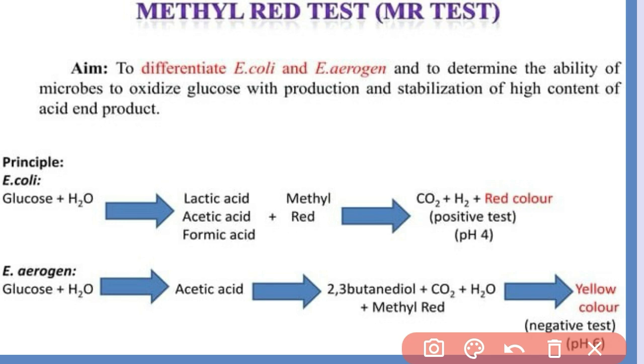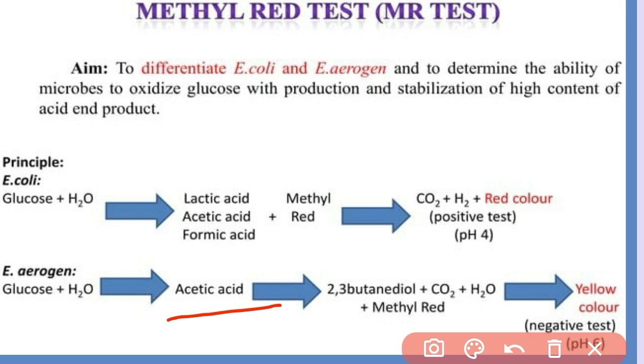Escherichia coli is a glucose fermenting organism. It ferments glucose into organic acid. As well, Enterobacter aerogenes is a glucose fermenting organism, but after formation of acid from glucose, Enterobacter aerogenes converts this acid into a non-acidic or alkaline compound like 2,3-butanediol.